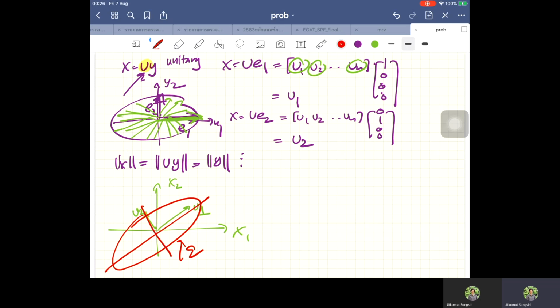The width of this part would be square root of alpha lambda 1, and this part would be square root of alpha lambda 2. The width will not change, it will only change in direction. The red ellipsoid, which is the ellipsoid in the variable x that we want, is just a rotated version of the ellipsoid in the variable y.